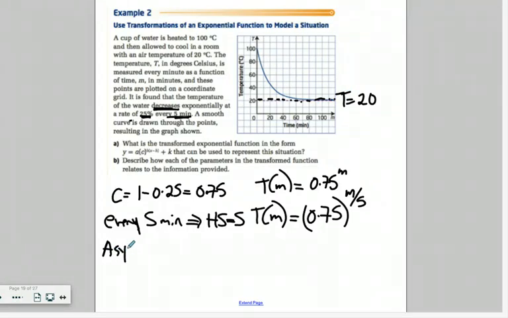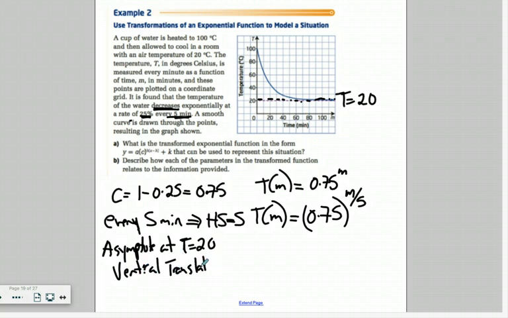That asymptote at 20 shows that we have a vertical translation of plus 20. So our equation now has been updated to T of m is equal to 0.75 to the power of m over 5, and then plus 20, okay?